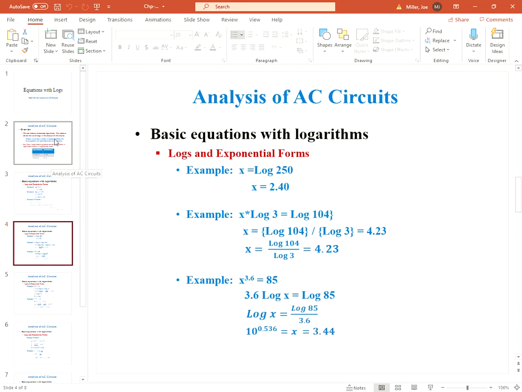Another example. X equals the log of 250. Take the log of 250. It's 2.4. X equals 2.4. A little more complicated example below. X times the log of 3 equals the log of 104.